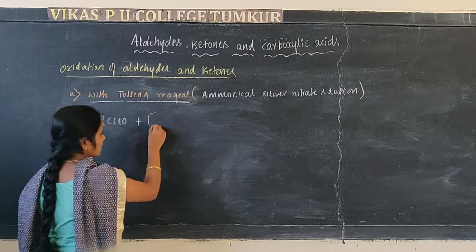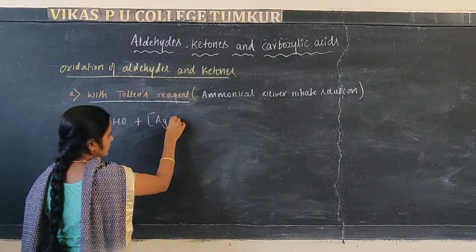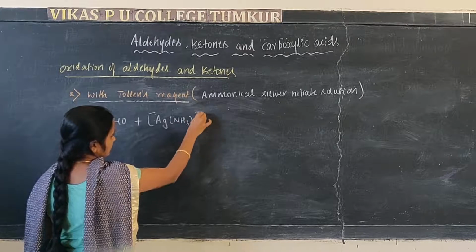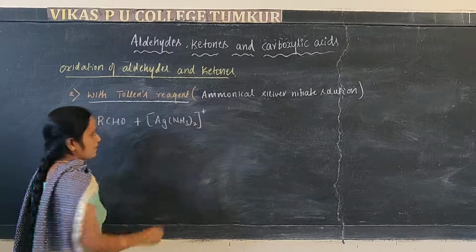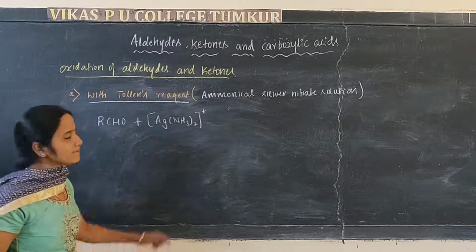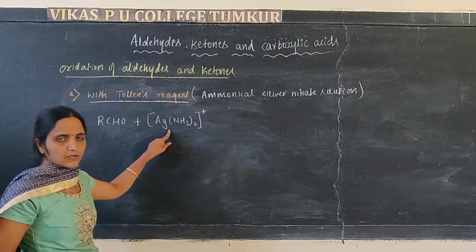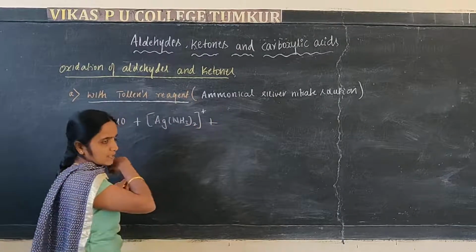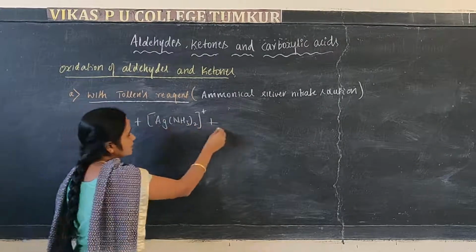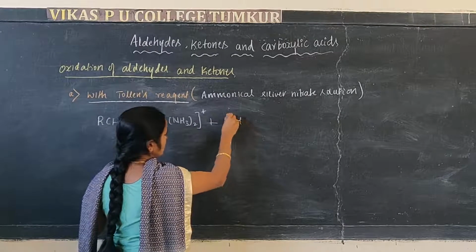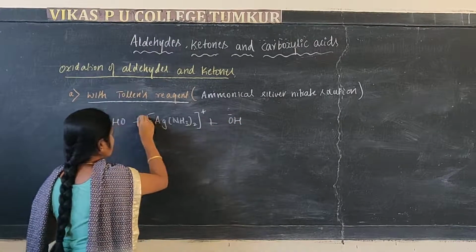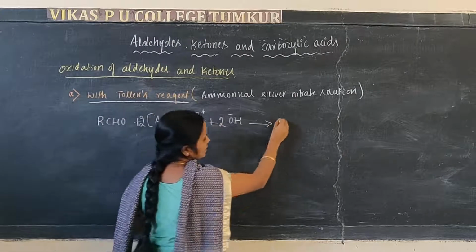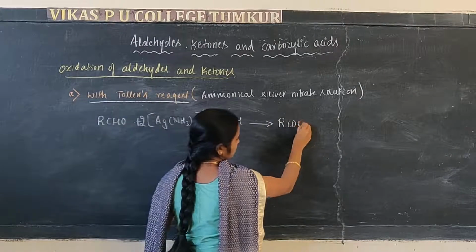It can be written as [Ag(NH3)2]+, which we call the Tollens reagent. When treated with the Tollens reagent, with OH minus, it forms the respective carboxylic acid.